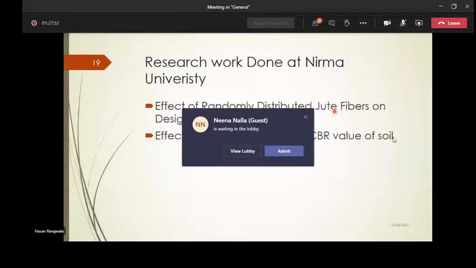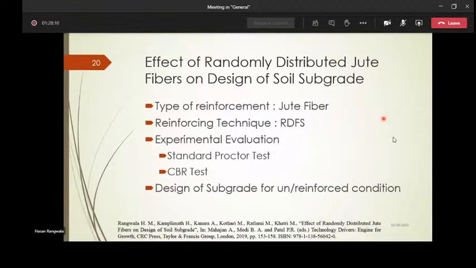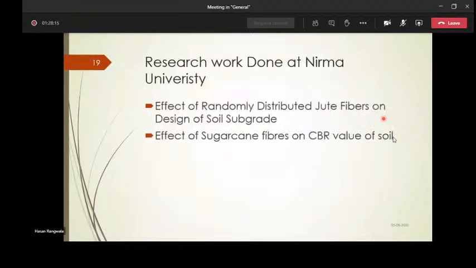For both, CBR tests have been done, and we have tried to find values of CBR and also tried the design of soil subgrade system. Okay, so for both, the basic application is either I can use it for soil subgrade, or I can use it for the road itself or the pavement itself. Okay.